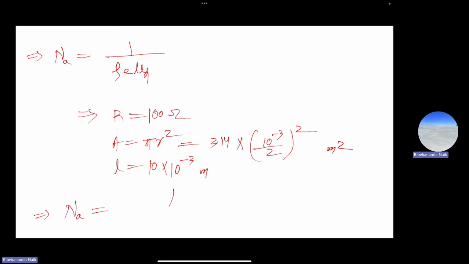So first we need to find out the resistivity.